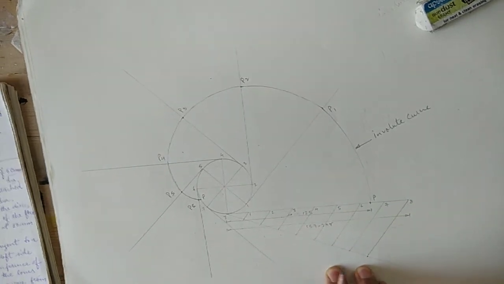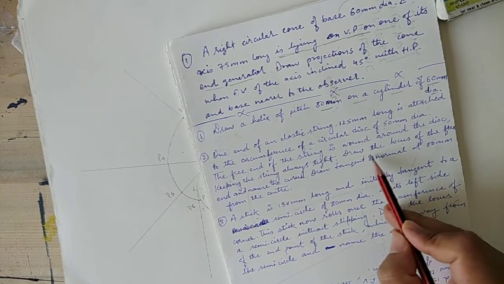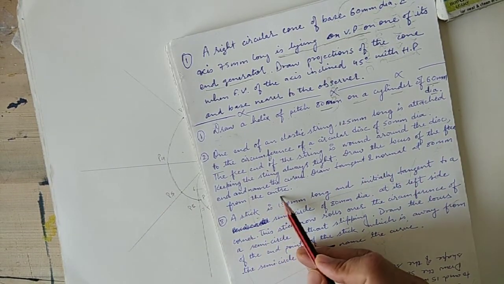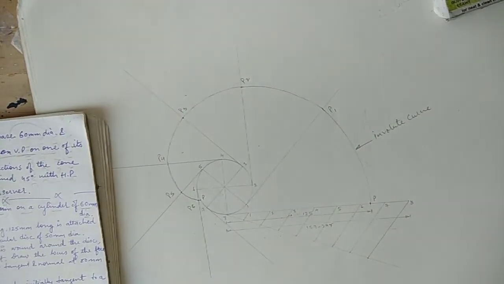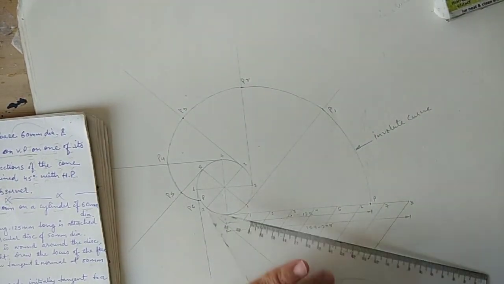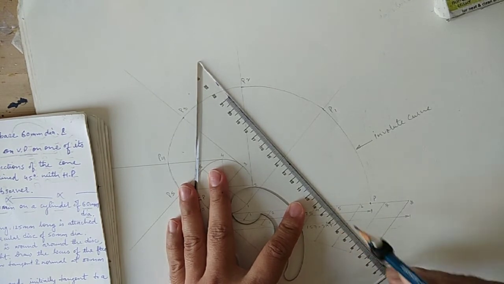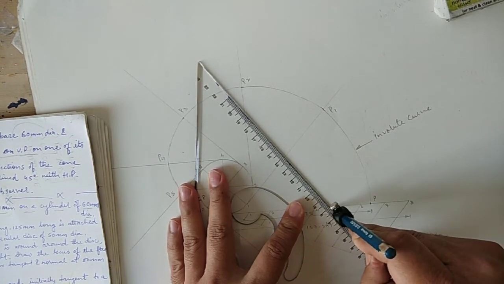After that, draw tangent and normal at 80 mm from the center. For 80 mm, measure 80 mm with the compass.